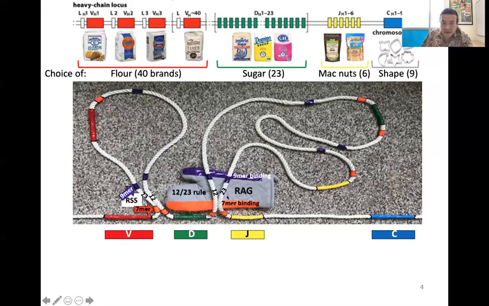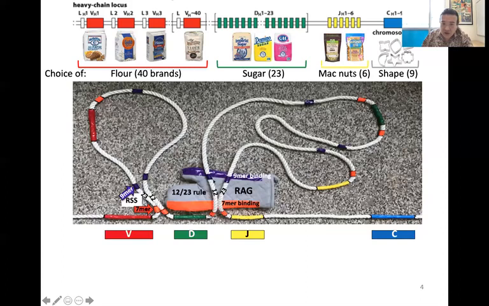Remember, the way that the oven mitt works is that part of it binds to those highly conserved 9-mer sequences, the purple sequences, that are spaced apart by either 12 or 23 bases of DNA from a highly conserved 7-mer, 7 DNA bases that are highly conserved. And this particular spacing, this side having 12 spaces between, or this side having 23, is the only way the oven mitt can successfully grab onto it.